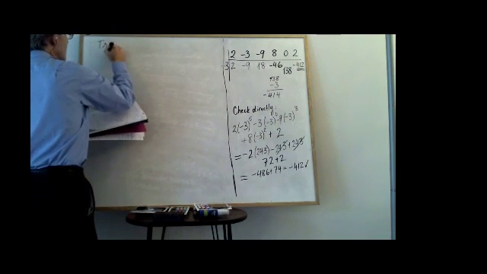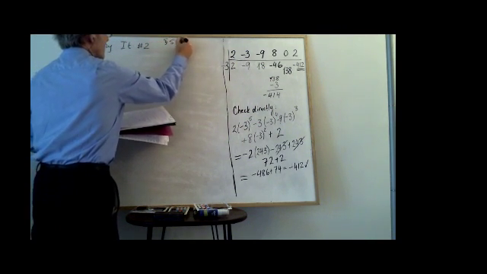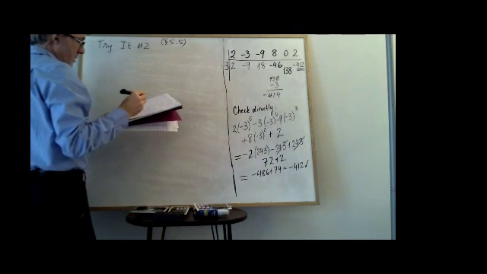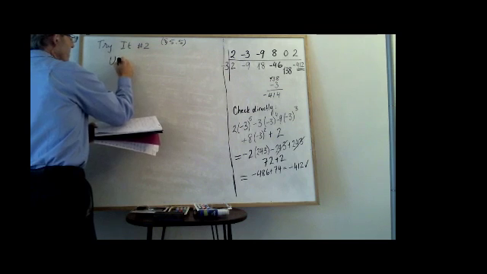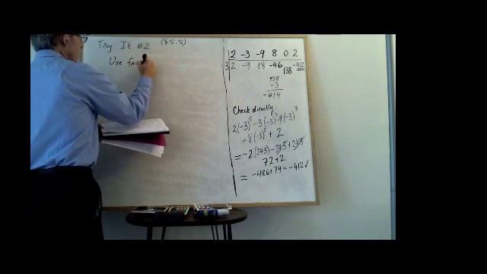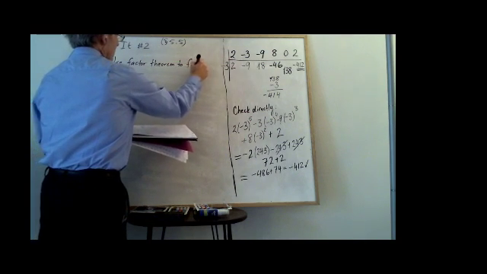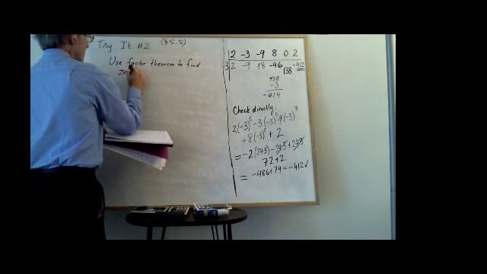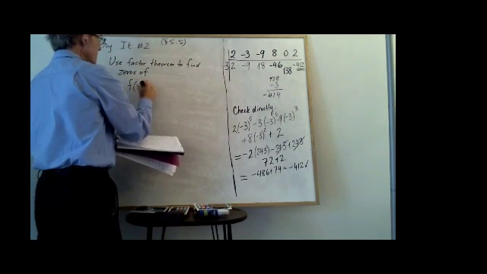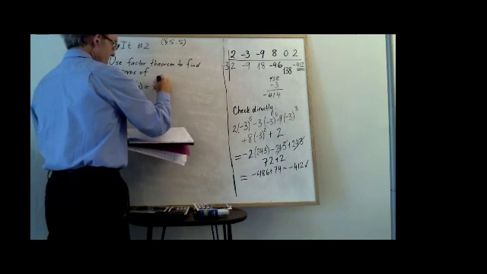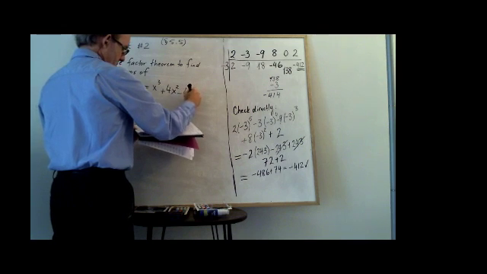So the try it number 2, again, is in section 5.5. We're asked to use the factor theorem to find the zeros of f of x equals x cubed plus 4x squared minus 4x minus 16.